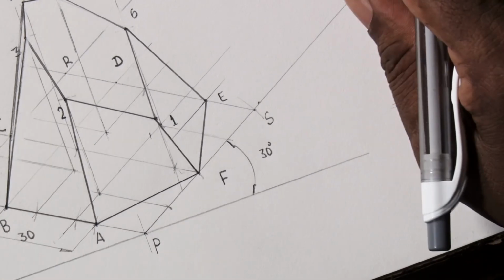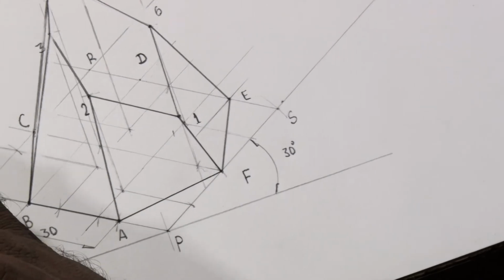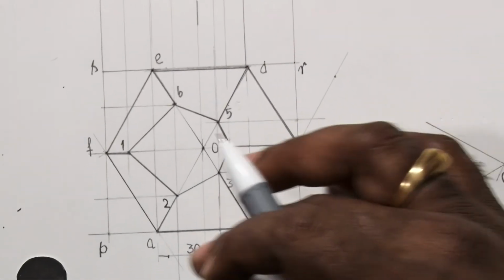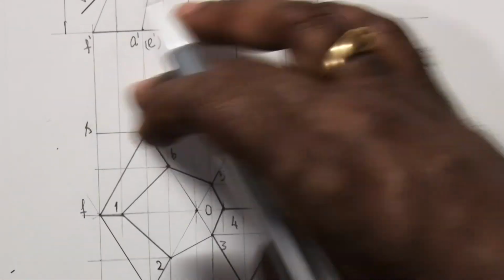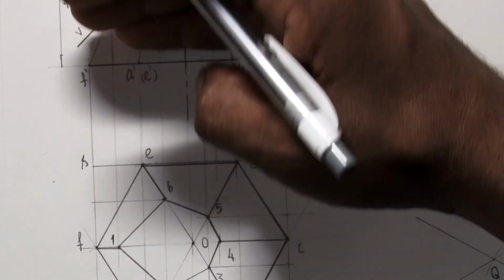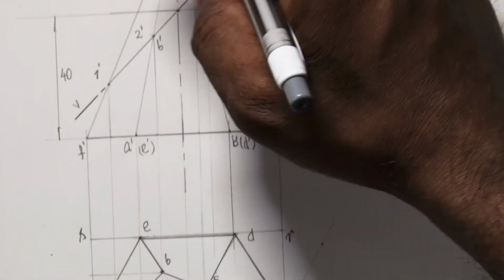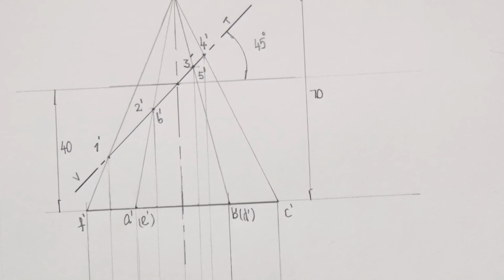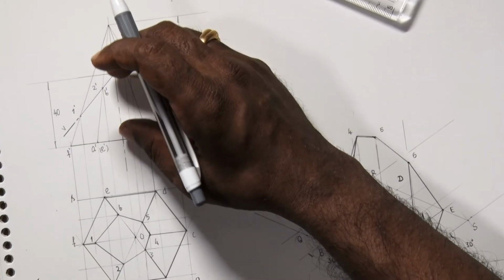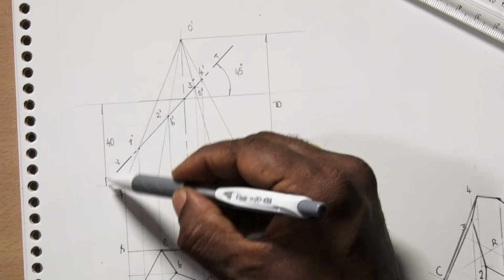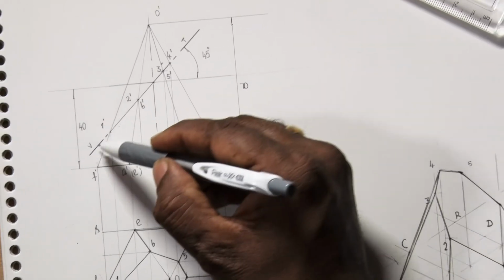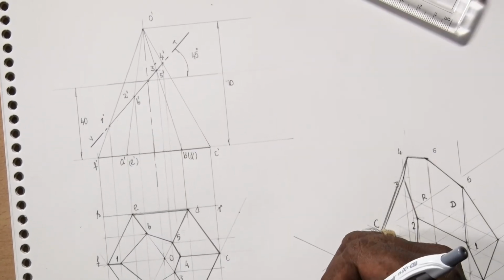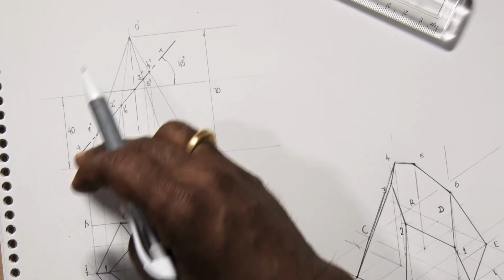To start with, we draw the hexagon in a simple position, that is, with one side parallel to VP, and we project and get the isosceles triangle in the front view. Accordingly, we introduce the cutting plane. The cutting plane meets the axis at a distance of 40 mm from the base. Total height of the pyramid is 70 mm. Then it is drawn 45 degrees inclined to the HP and perpendicular to VP.